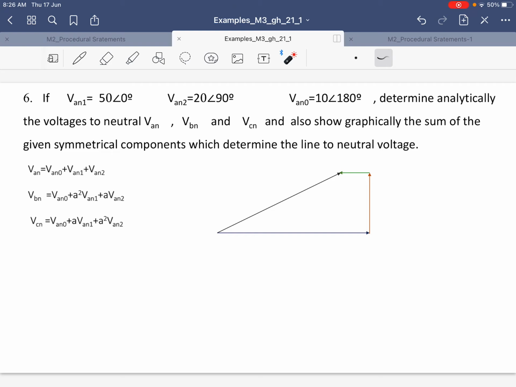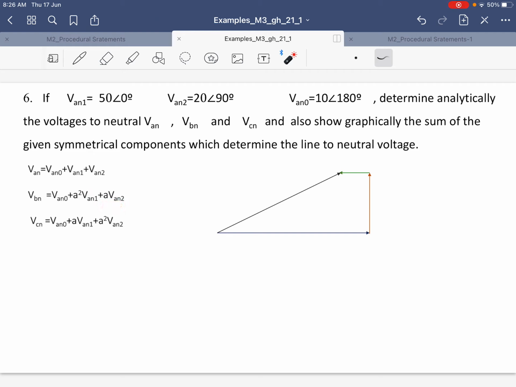The first thing is to analytically calculate the values of VAN, VBN and VCN. I have already written the formula: VAN is VAN0 plus VAN1 plus VAN2. For phase B, VBN is VAN0 plus A square times VAN1 plus A times VAN2.